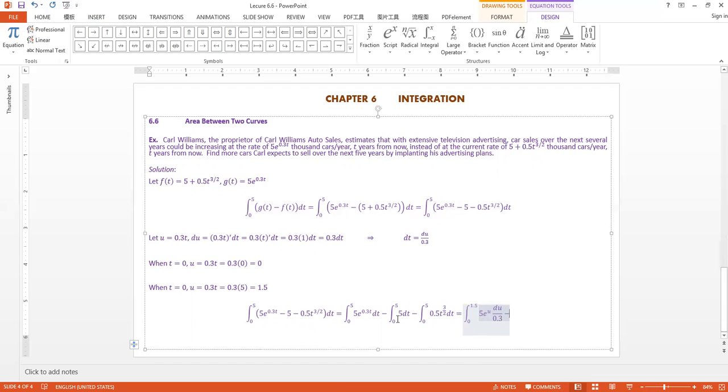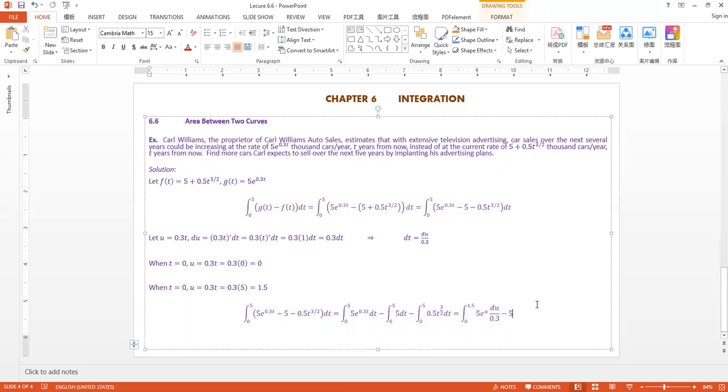And the second integral, we can take out the 5, and then it's just dt, or 1 dt if you want.